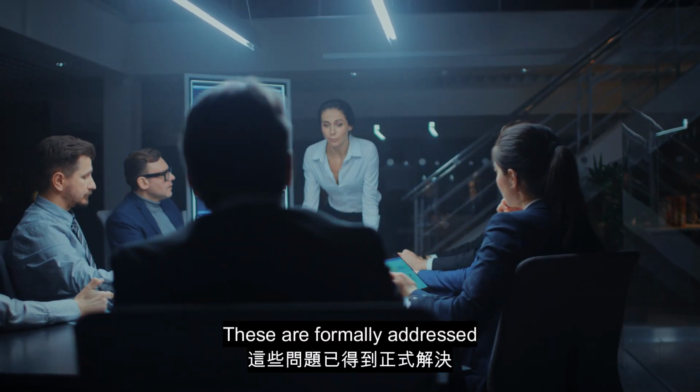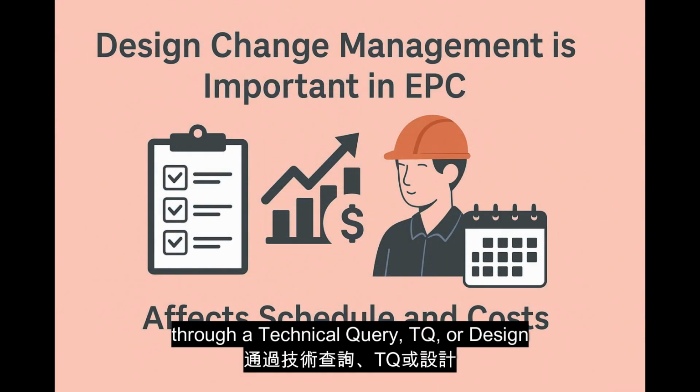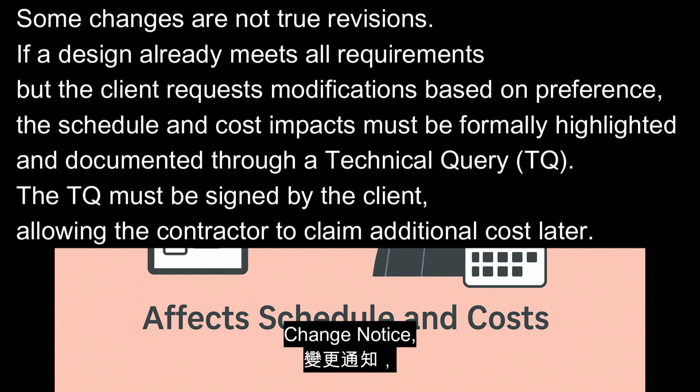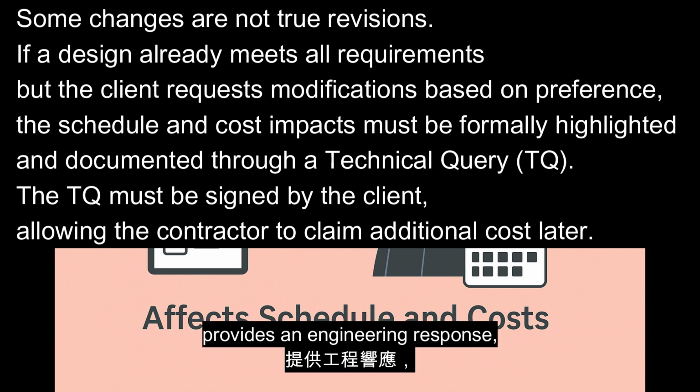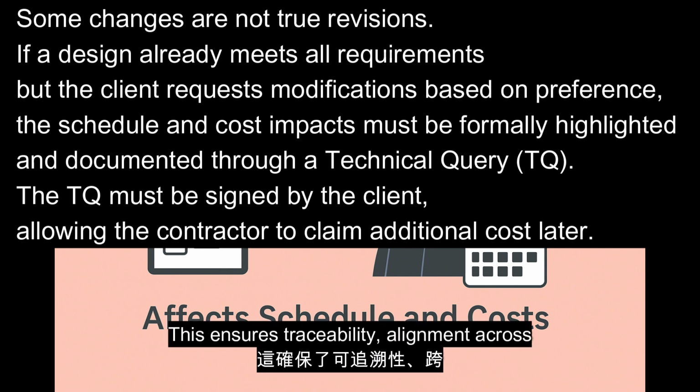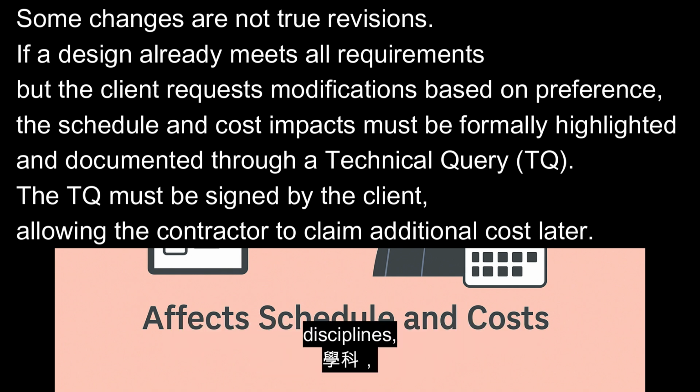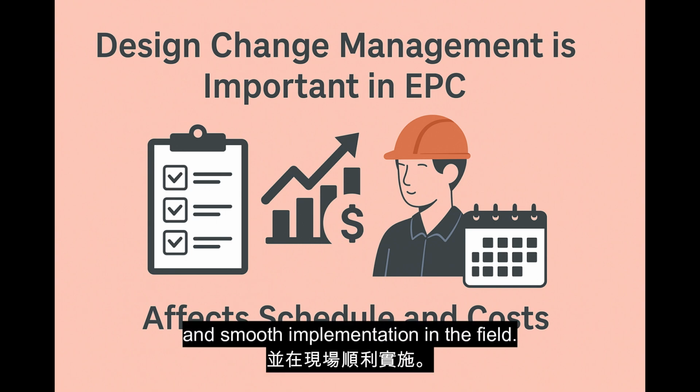These are formally addressed through a technical query, TQ, or design change notice, DCN. The piping team evaluates the query, provides an engineering response, and updates the relevant documents if needed. This ensures traceability, alignment across disciplines, and smooth implementation in the field.